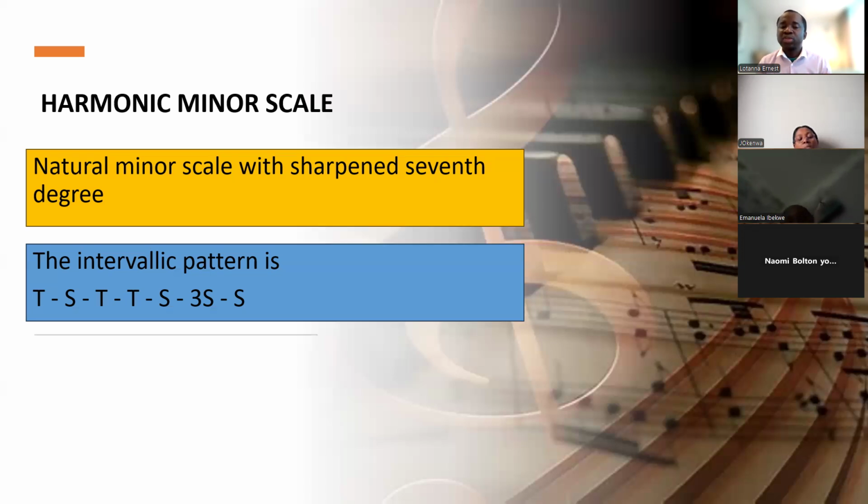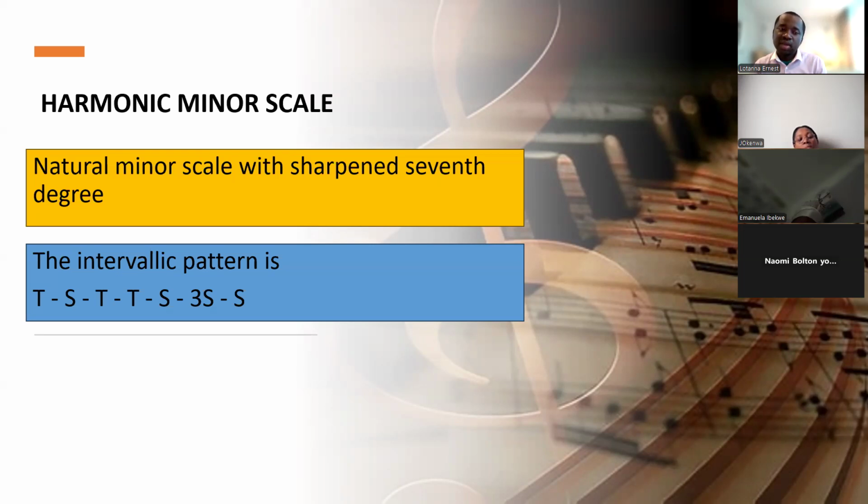So maybe what you are trying to say is that the difference between natural minor and harmonic minor is that the distance between the seventh note and the last note for natural minor is a tone, and for harmonic minor it is a semitone.